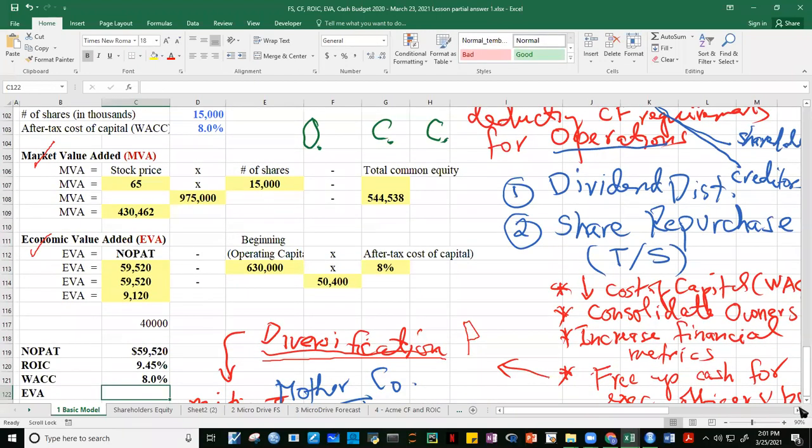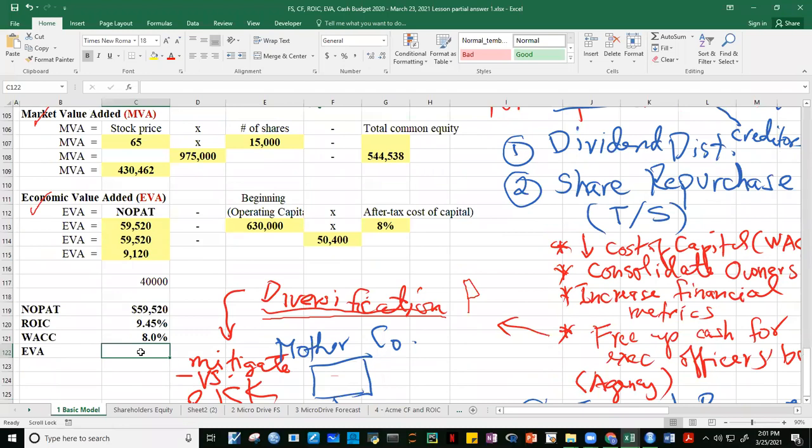So, a story, guys. We earned 59,520, right? But there is a cost to the use of our capital. How much is the cost of using capital, guys? 8%. How much is our return on the NOPAT? How much was the return for the use of the total operating capital? 9.45%.